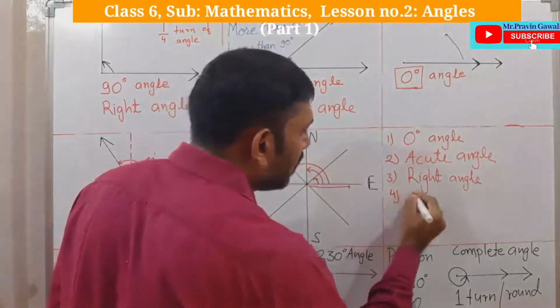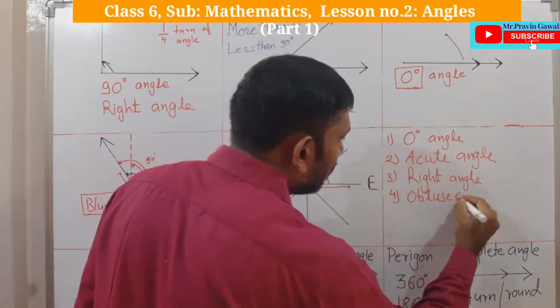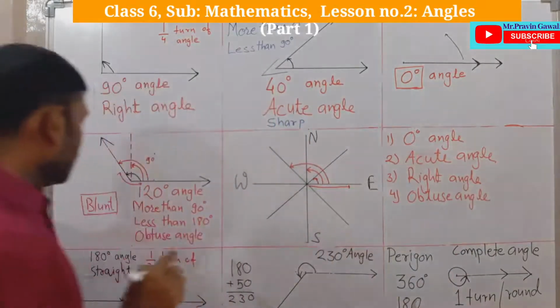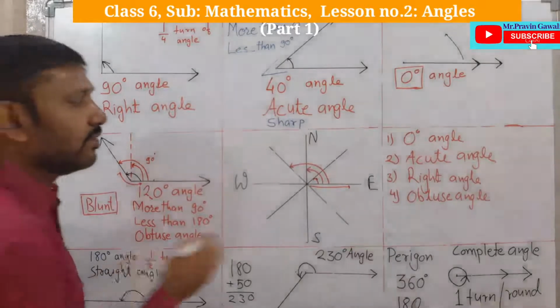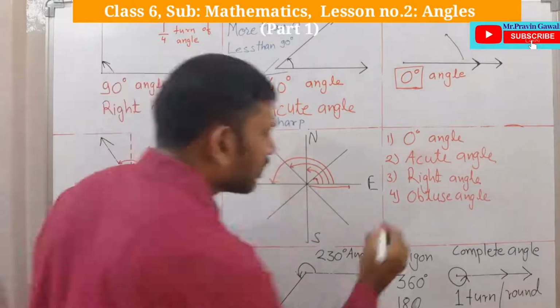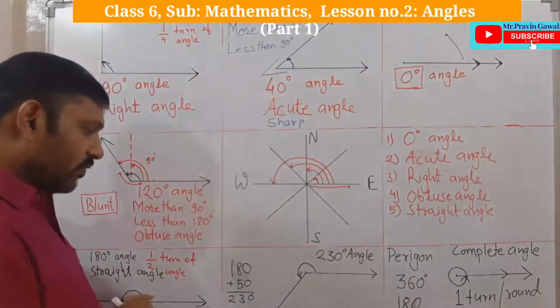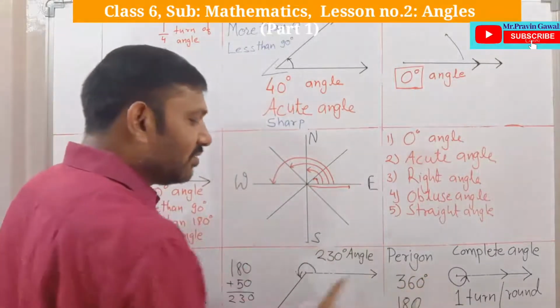So what have we learned? Obtuse angle. Okay, now after that what have we seen? That is the straight angle. That is 180 degrees. And after that we have seen what? More than 180 degree and less than 360 degree.